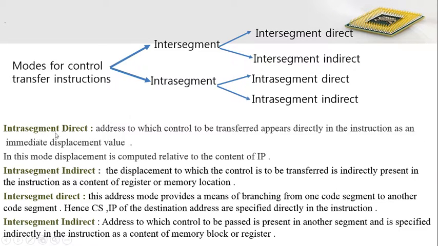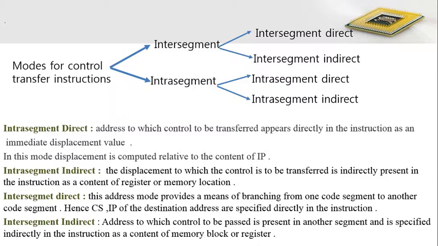So in case of intra-segment direct addressing mode, the displacement value is directly available in the instruction. In order to calculate the exact physical address, there is no need to change the segment address, because both instruction addresses are present inside the same code segment.